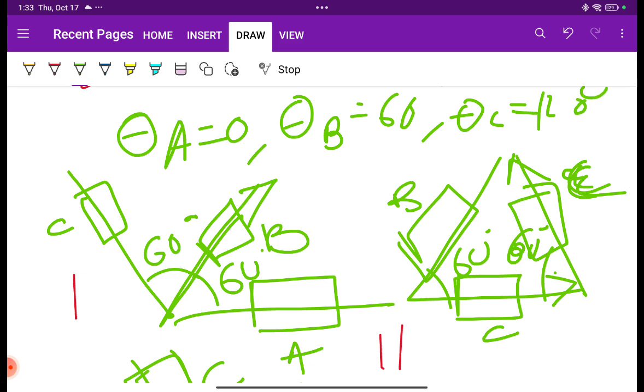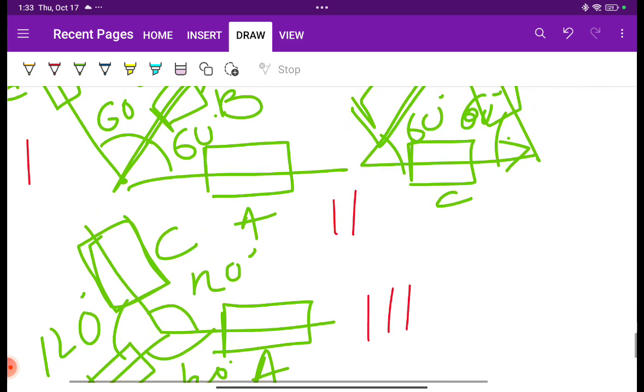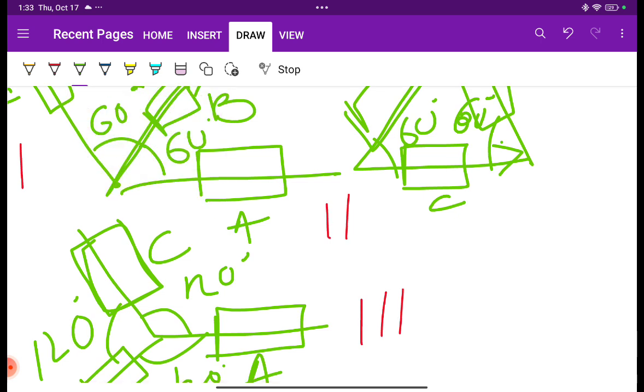And if you see figure 2, in this figure we see theta A is equal to 0 degrees again.